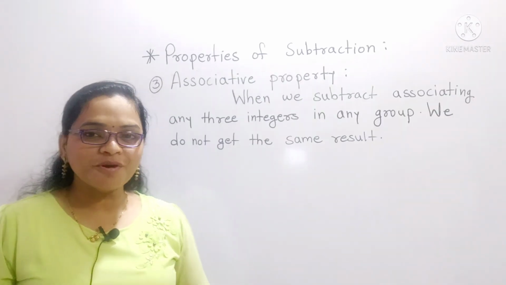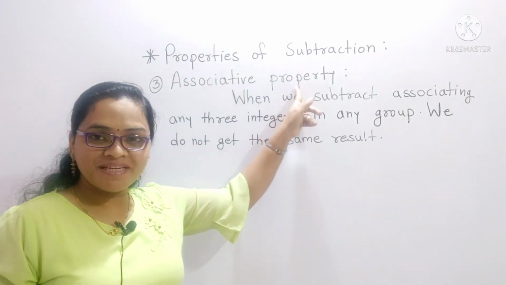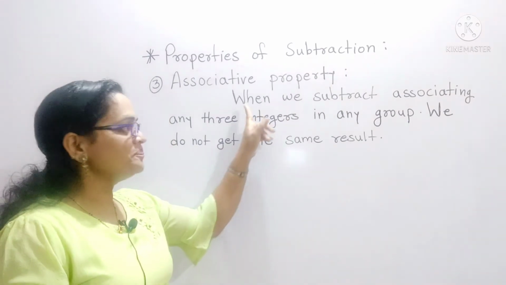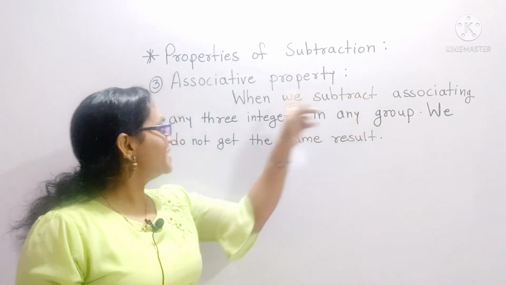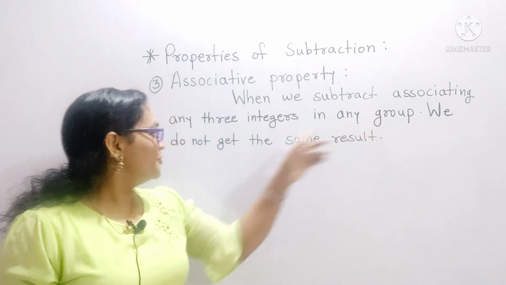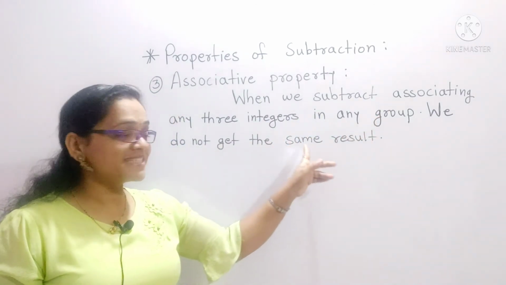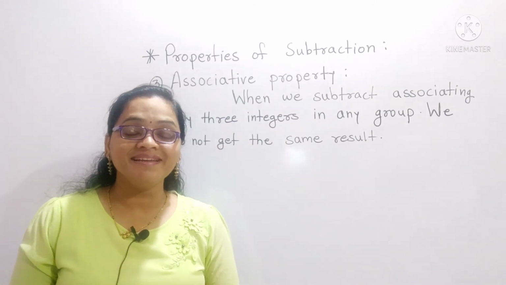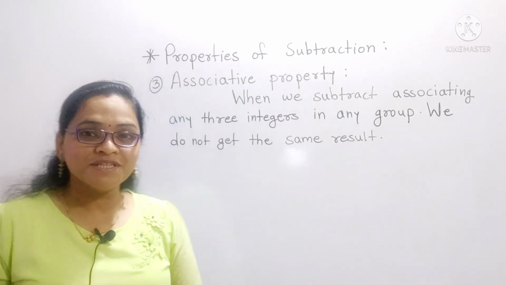Next, third property, associative property. What is the associative property? When we subtract any three integers in any grouping, we do not get the same result. We are not getting the same result. Means what?